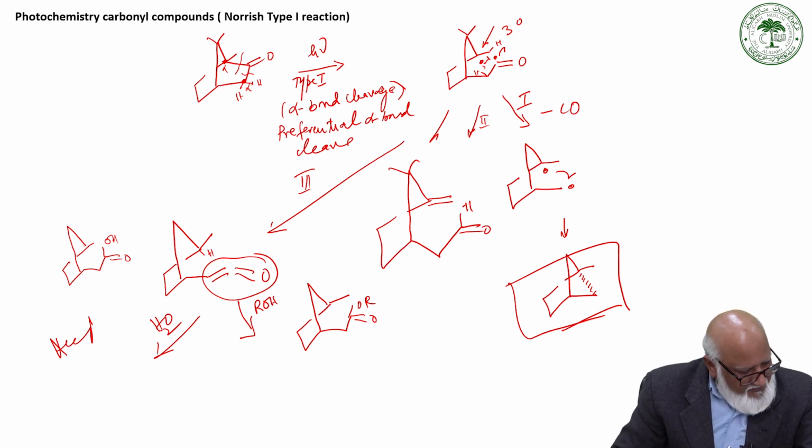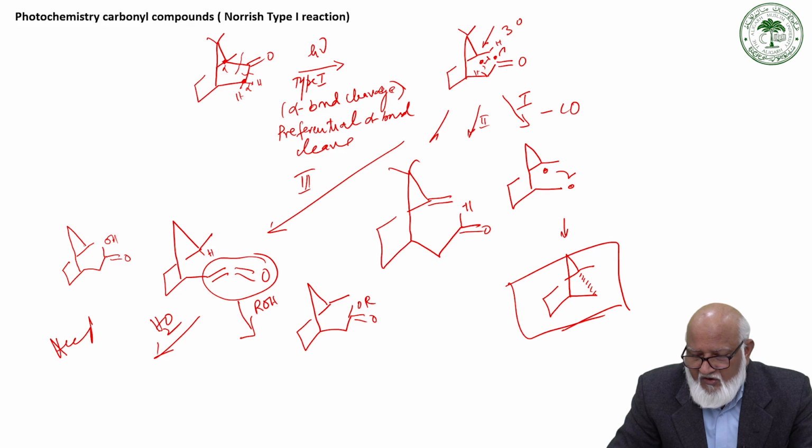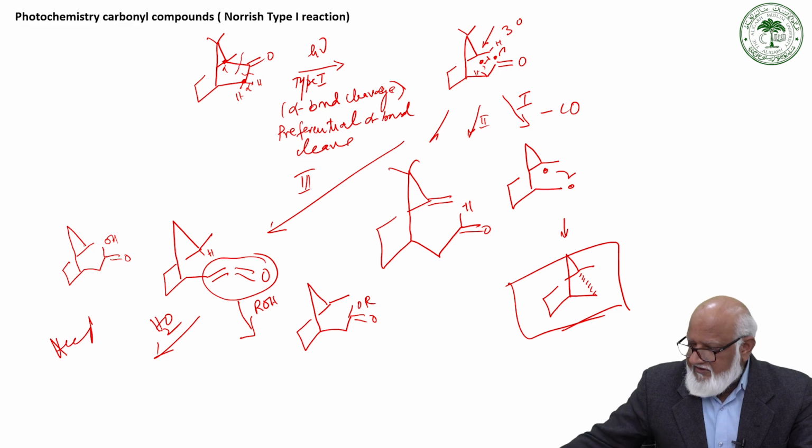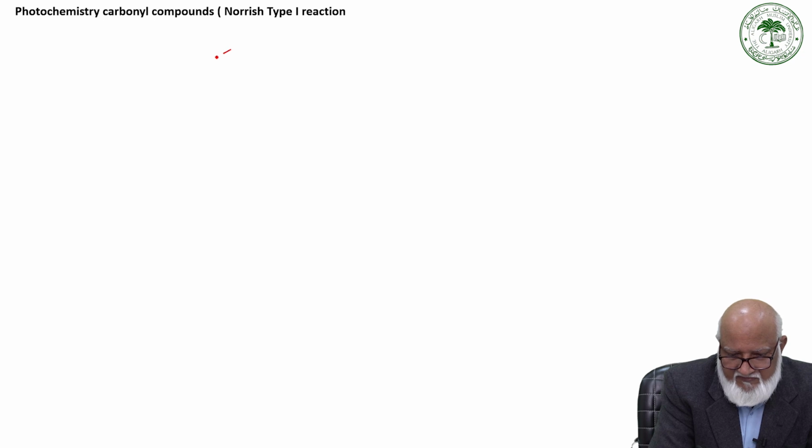So these are a few possible products formed in this particular case: decarbonylation, and then the corresponding aldehyde, decarbonylation followed by coupling, an enaldehyde, and so on and so forth. Now let us see another example, where we have a system like this.